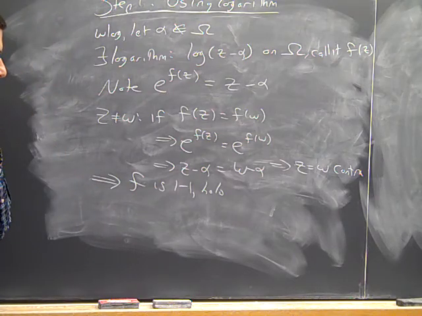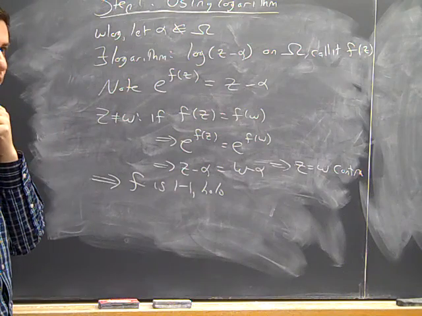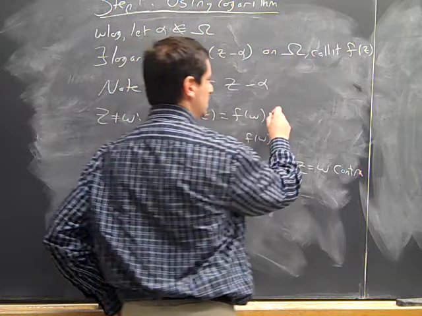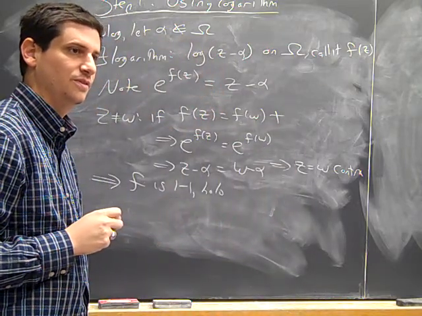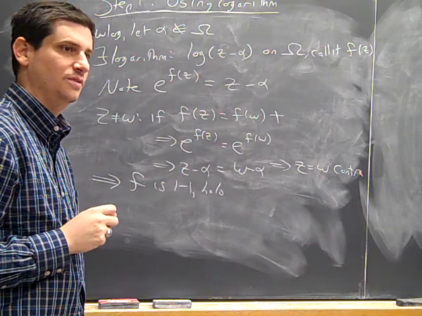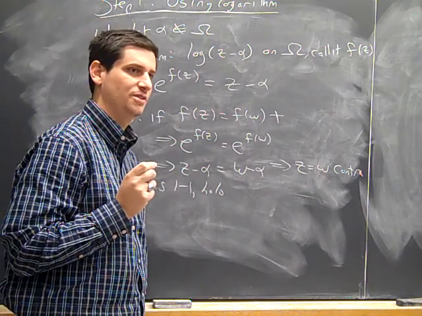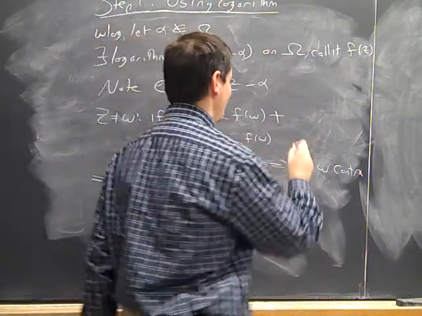Well, let's see. So instead of saying f of z equals f of w, how could I expand this? If f of z equals f of w plus... plus what? It's not pi i. Pi i is close. 2 pi i. 2 pi i is not quite right. It's close. 2 pi i n. Oh, yeah.